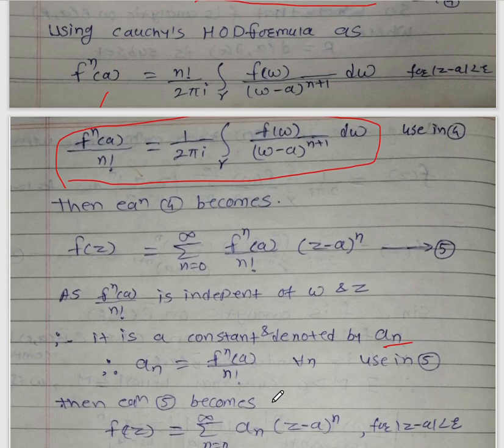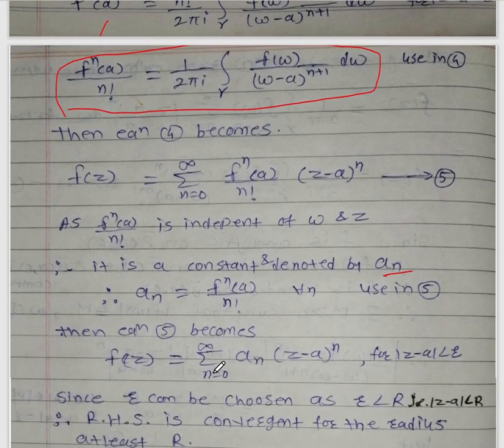So let us use this in equation number 5. Then equation number 5 can be written as f of z equal to summation n equals 0 to infinity a n (z minus a) to the power n for mod z minus a less than r.